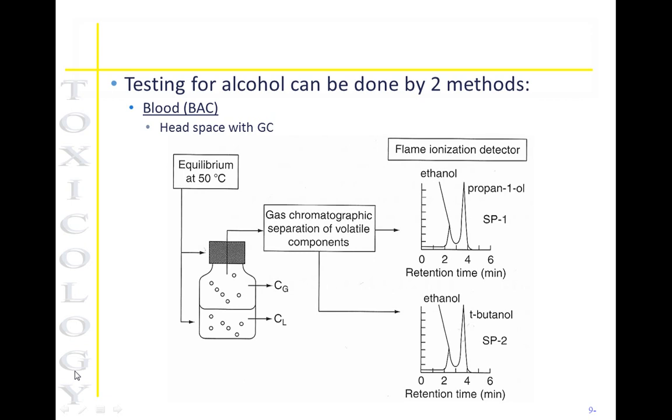So an analyst is able to obtain a headspace from the vial itself and then expose that to a gas chromatograph that has a flame ionization detector to determine the amount of ethanol that is actually present in a sample.